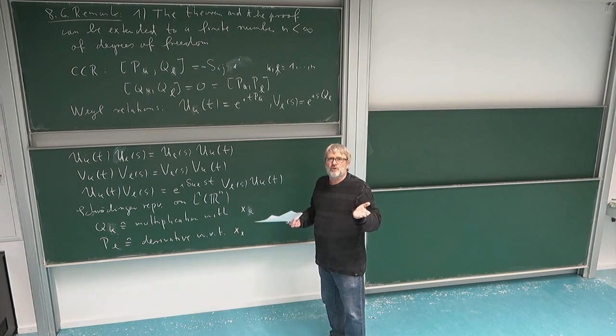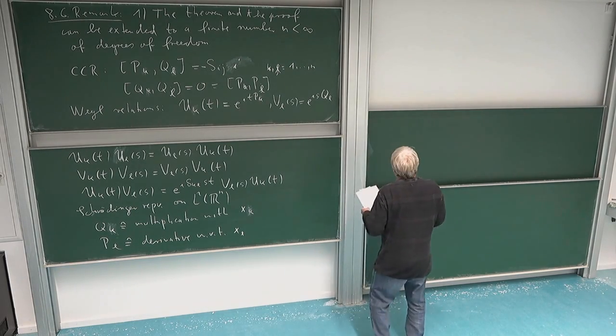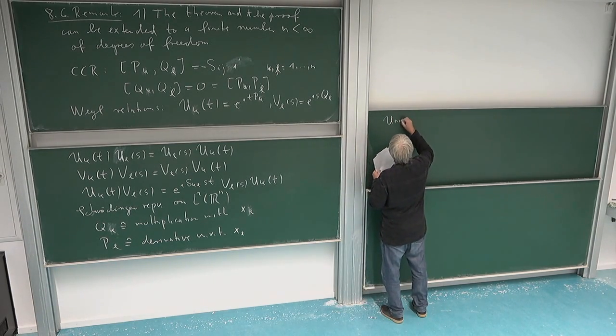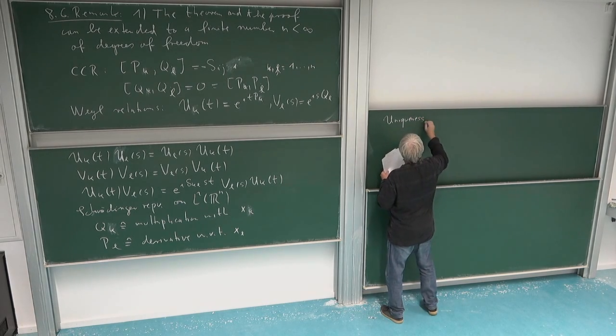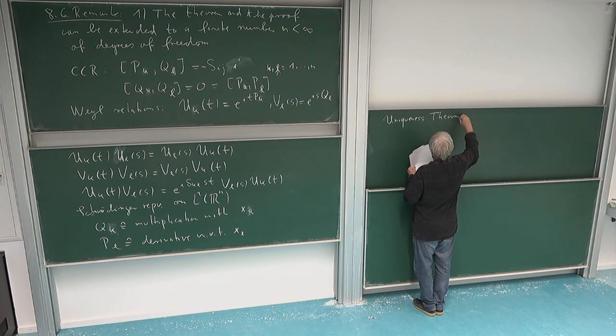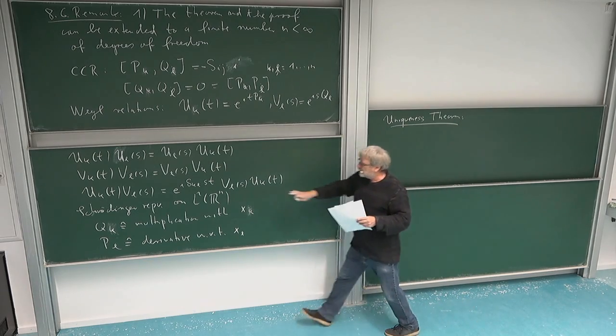and in this setting one can prove the same uniqueness theorem, and the proof is also more or less the same as before. So one still has this uniqueness theorem, of course, on the level of the Weyl relations.